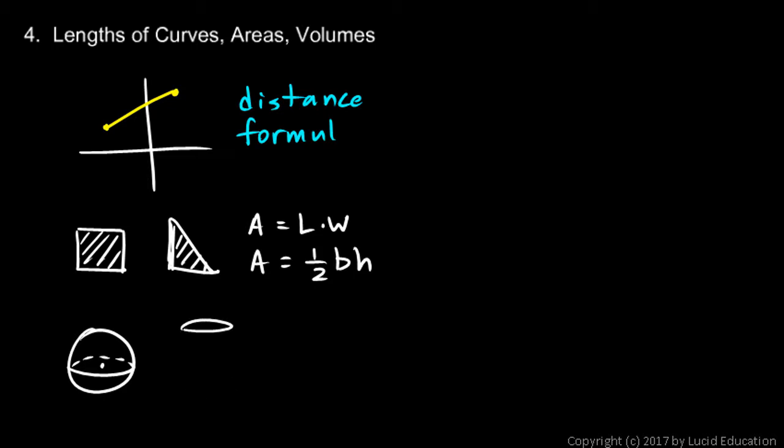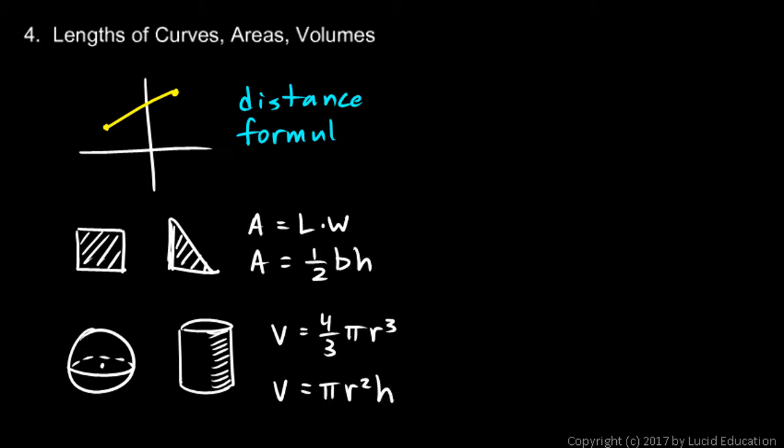Let's draw a cylinder like this. And there are known formulas for calculating the volume. The volume of the sphere is 4/3 pi r cubed. The volume of the cylinder is pi r squared h, and calculating those volumes is simply a matter of plugging the numbers into the equations.